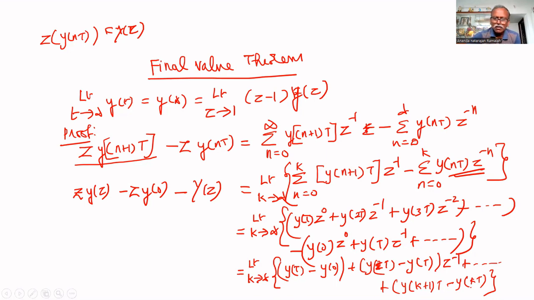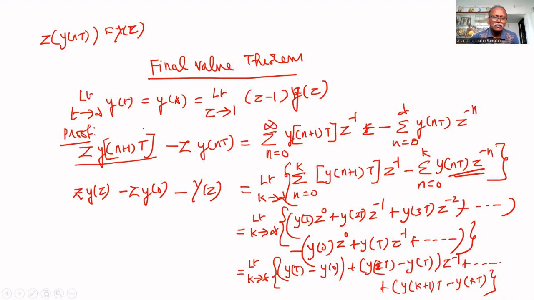Take limit z tends to 1 on both sides. Limit z tends to 1. This can be written in one more step: z minus 1 y of z minus z y of 0.